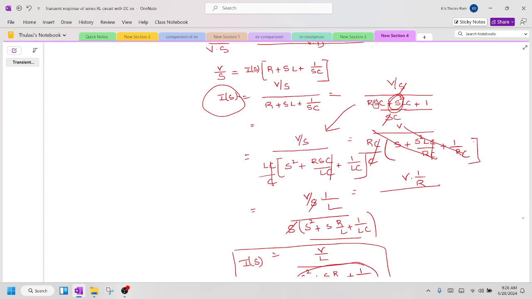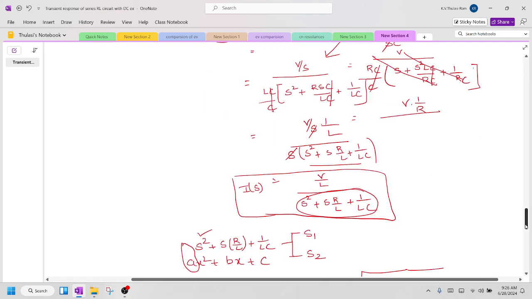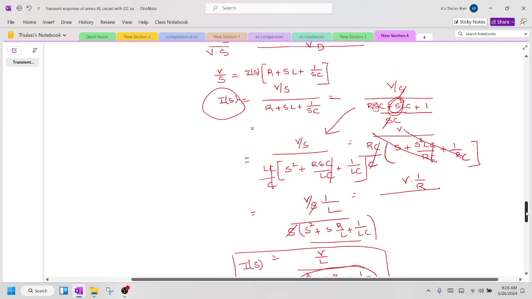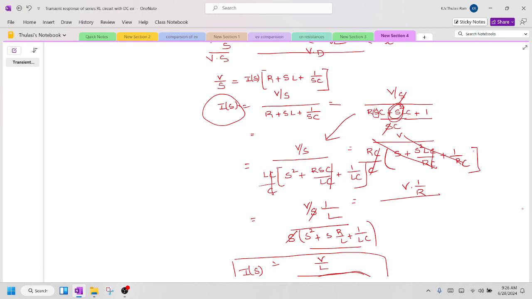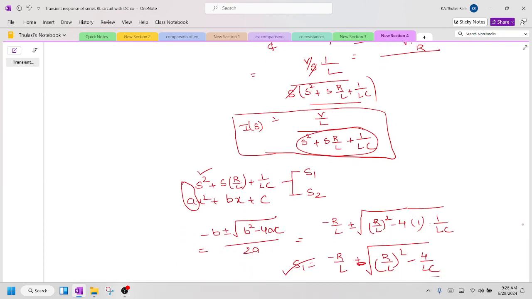That's why we have taken LC as common. You can see in this expression we have V by s, so automatically the s also gets cancelled out.